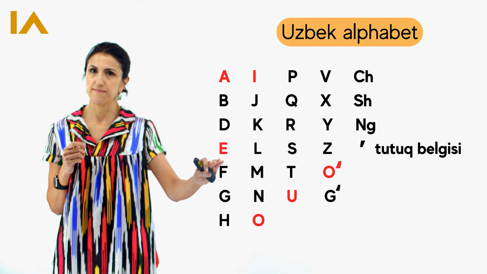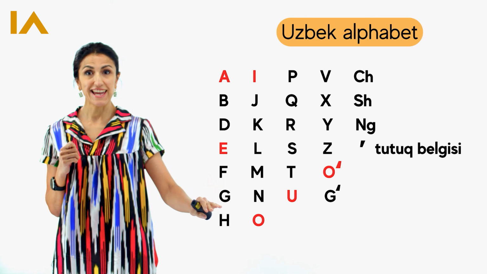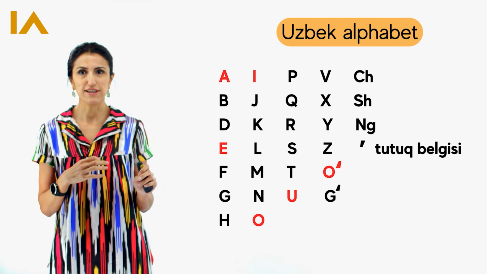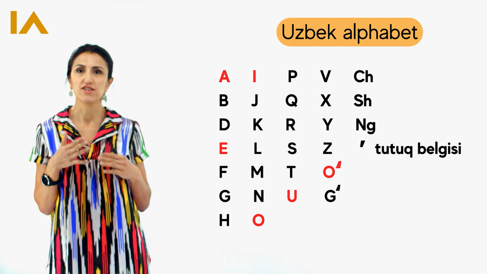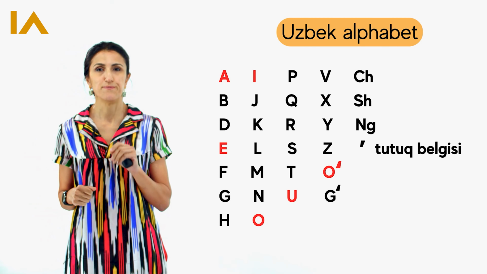This is a. B, D, F, G, H. So here's the tip. If you'd like to read the consonants like I'm reading, just add a sound to all the consonants. Ready? Let's go.